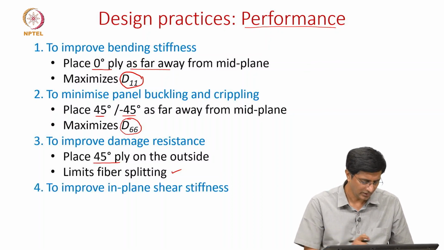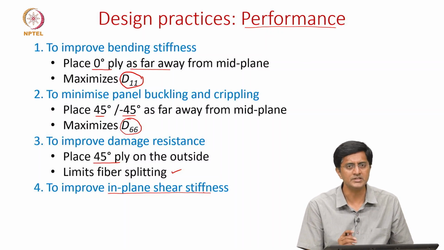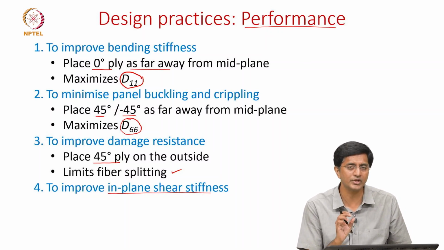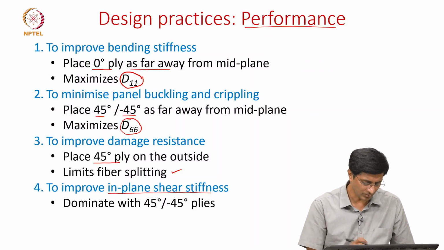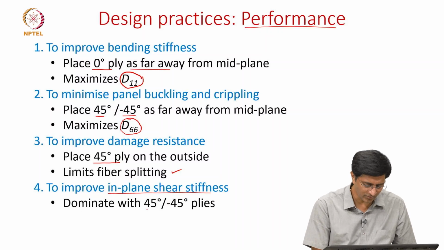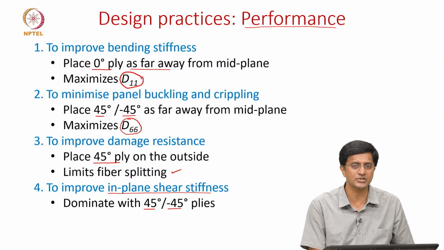And lastly, let's look at how to improve the in-plane shear stiffness. This we have already discussed when we were discussing lamina. There we showed where we have the highest in-plane shear stiffness. We showed that it is maximum at an angle of 45 degrees. So we should dominate this laminate with either 45 or minus 45 plies. When we dominate it, naturally the in-plane shear stiffness is high.